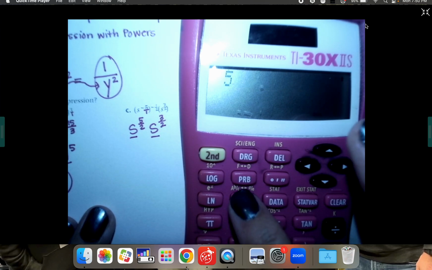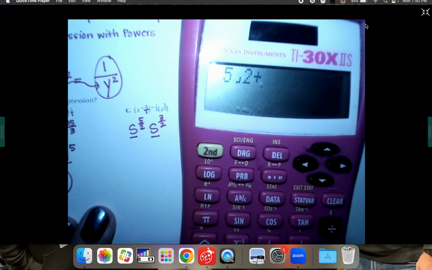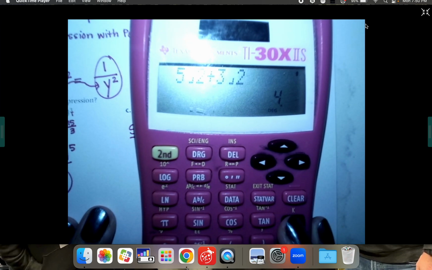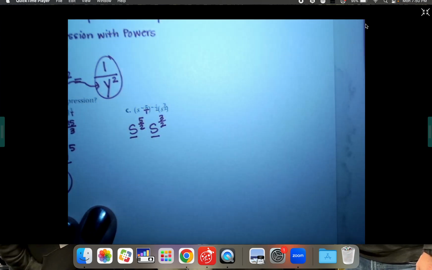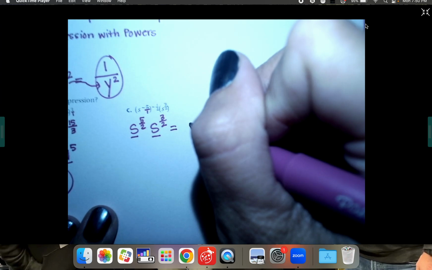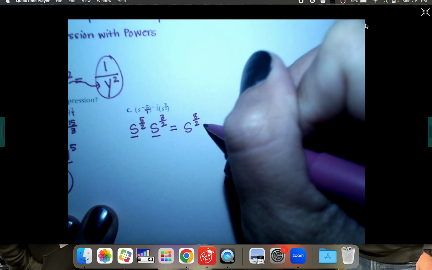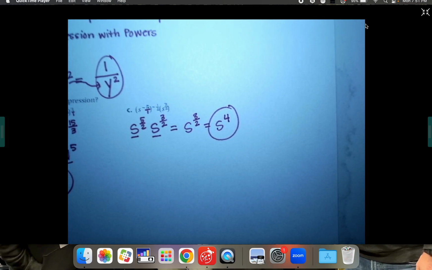So 5 on my calculator, it's the ABC button, 2, plus 3 ABC button, 2. And that is 4. So it was 8 over 2, but we know that 8 over 2 divides to be 4. So technically, if you were working this out, you would have got 8 over 2 first, but 8 divided by 2 makes it s to the 4th power. Okay, let's go to the next page.